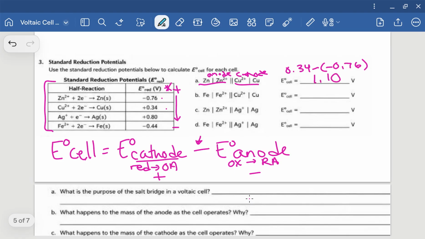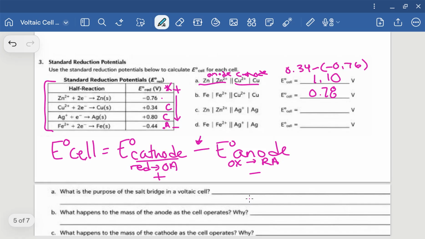And if we're looking for more practice doing the same thing, if you have iron reacting with copper, iron is more negative, so that would be your anode. Copper would be your cathode. So you would take that copper value, 0.34, and subtract negative 0.44, getting a total of 0.78. And we can keep going. Zinc as a half cell with silver. Silver is more positive.